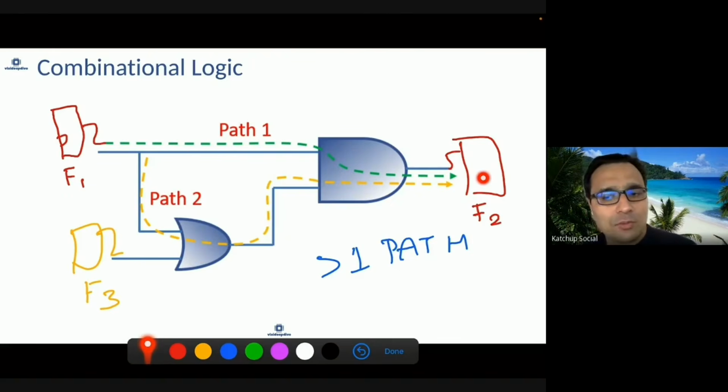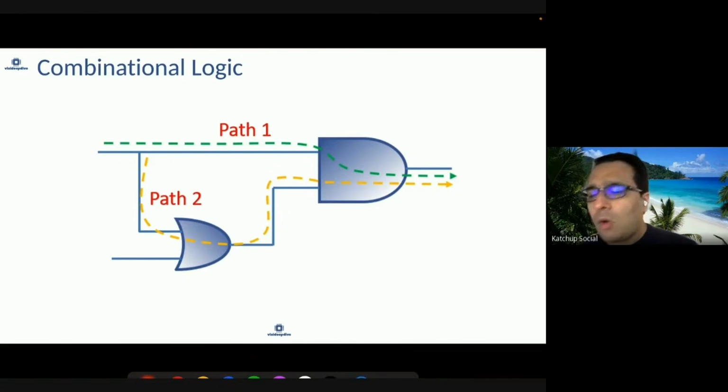So it's possible there are more than one path. It's possible there are less than one path. Different paths can have different delay. And that is the role of combinational logic. Combinational logic is where there is no memory or state element. All these three parts combine to make multiple components of a timing path: start point, end point, and combinational logic.